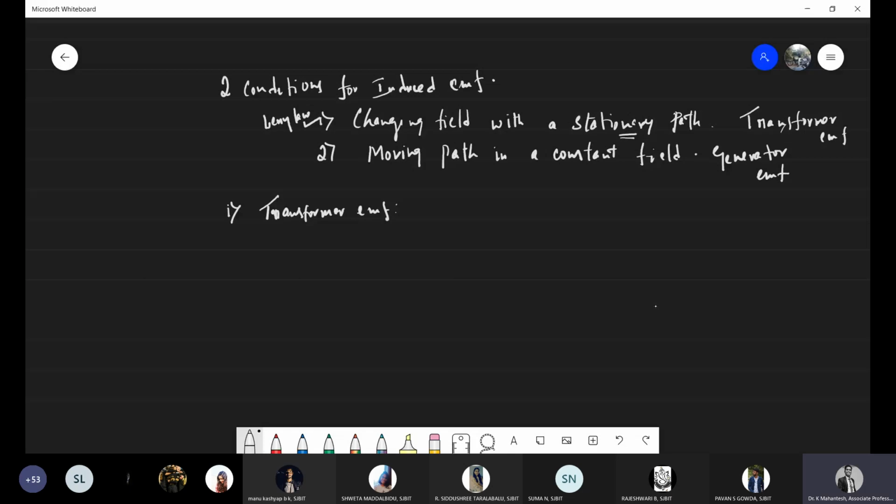The path is stationary but B varies with time. So you get EMF equal to, since we already derived using Faraday's Lenz law, I'm just using those equations here, minus the surface integral of ∂B/∂t into ds. Is it okay? So this is a transformer EMF.